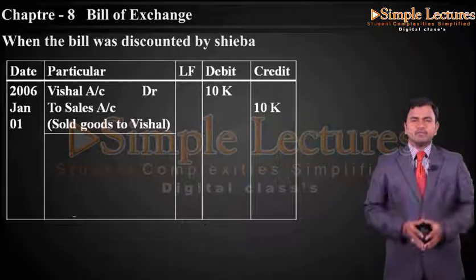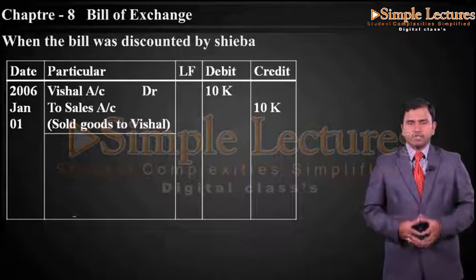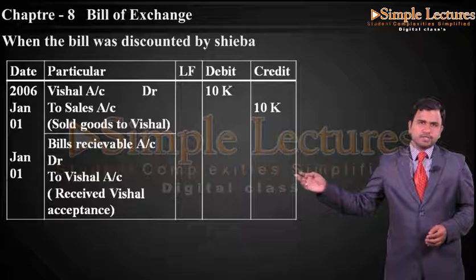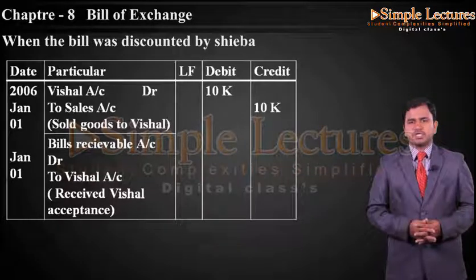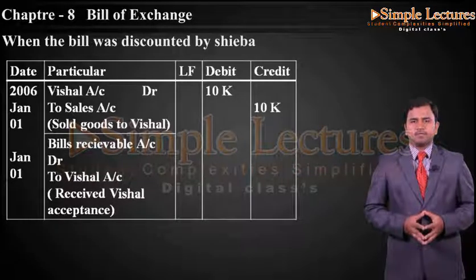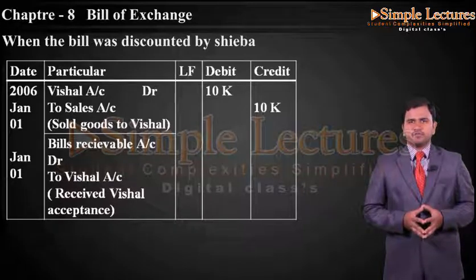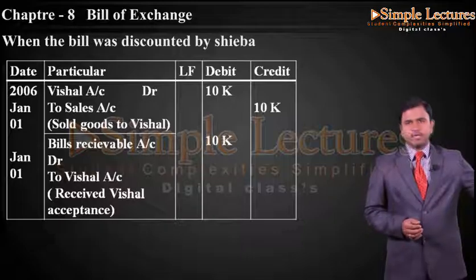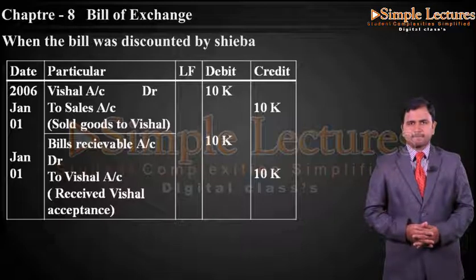And the second entry we are going to show for the acceptance of bill on the same date, bills receivable account debtor to Vishal account, narration being received acceptance from Vishal for the bill drawn for 2 months, 10,000 debit and 10,000 credit.